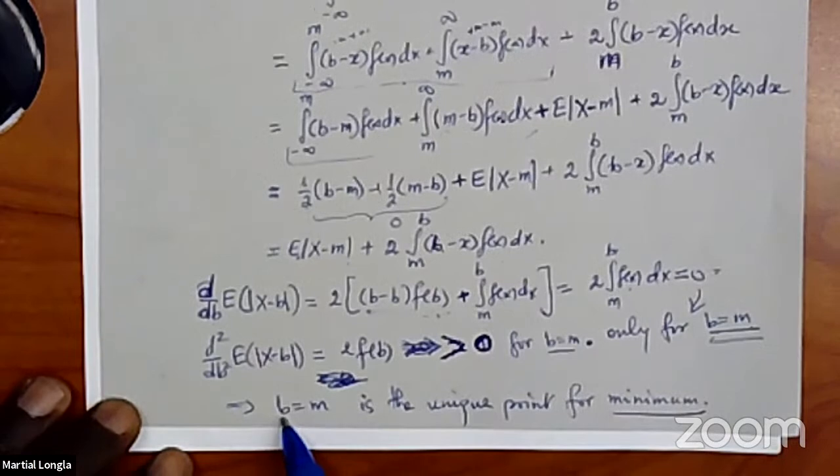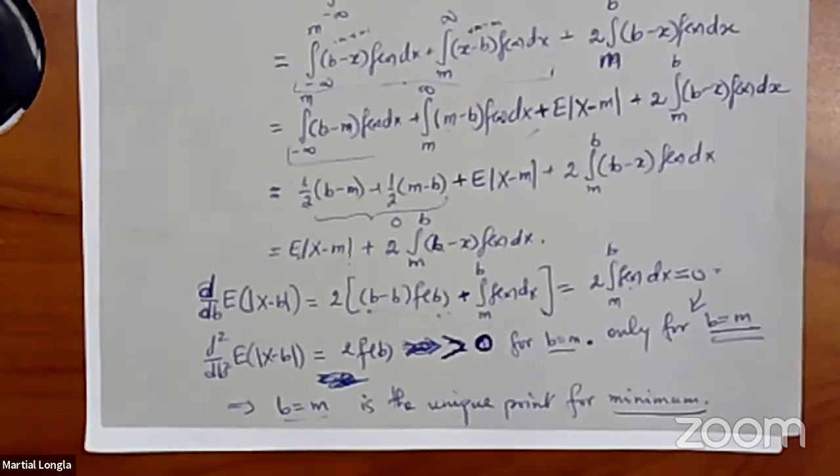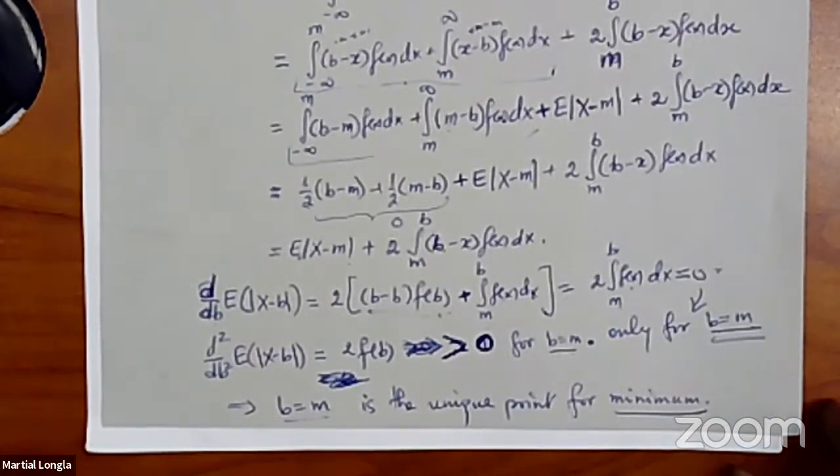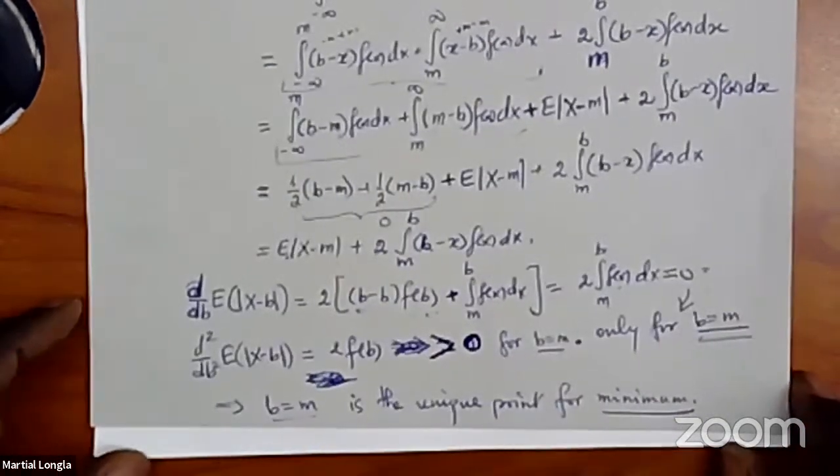So you can conclude that at b, you have the unique point where you have the minimum of that function.